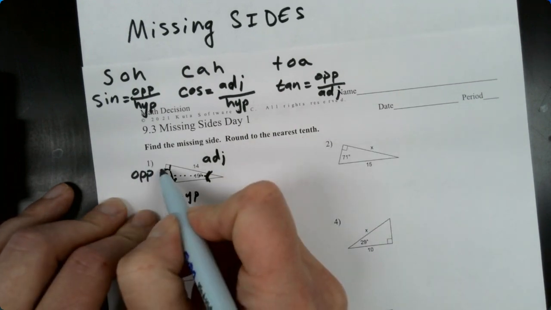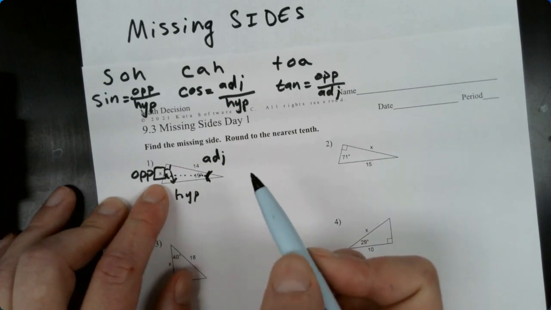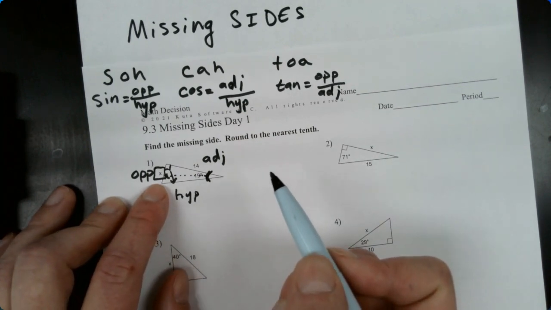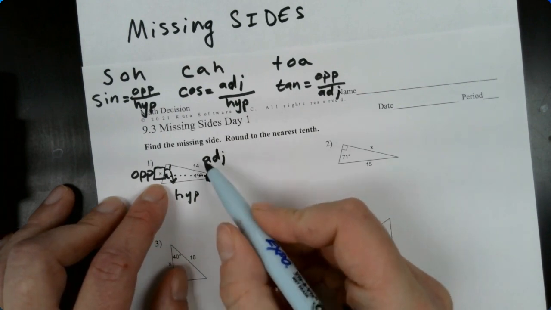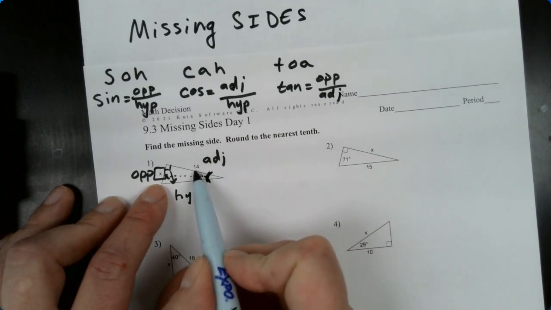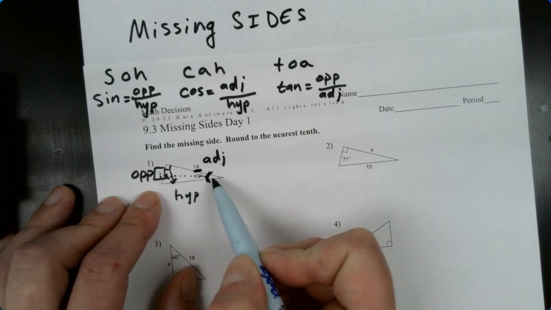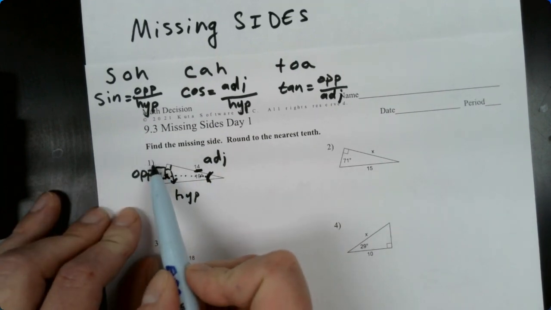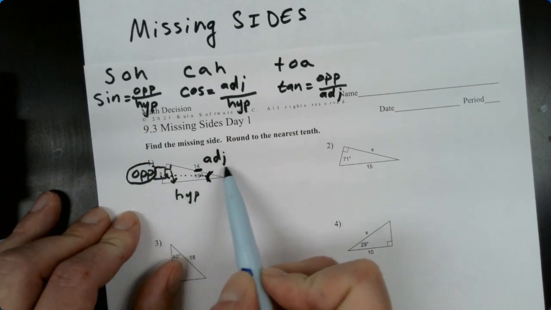What we're trying to find is x. We're going to do some algebra. We're looking for the value of side x, the opposite side. So we need to find the relationship that relates the number we're given and x to the angle. We're looking for the relationship that relates the opposite side and the adjacent side.